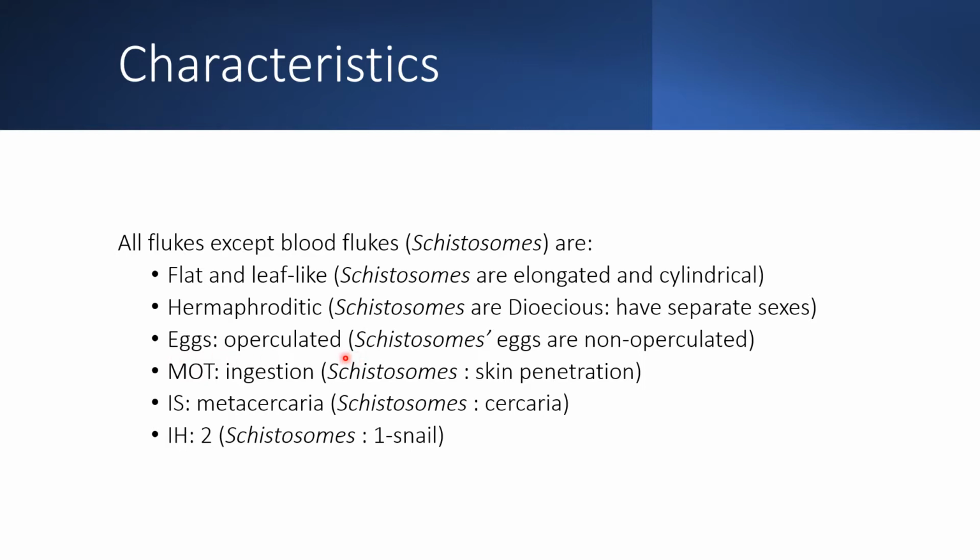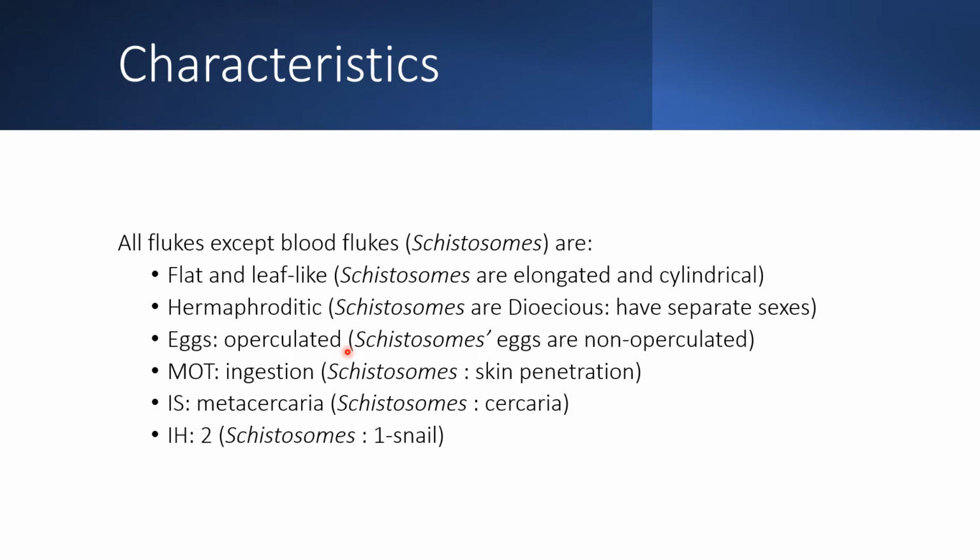The function of the operculum is that it serves as a pathway for the larvae to get out from the shell. Okay, so let's go back. Except for your schistosomes, which are non-operculated.